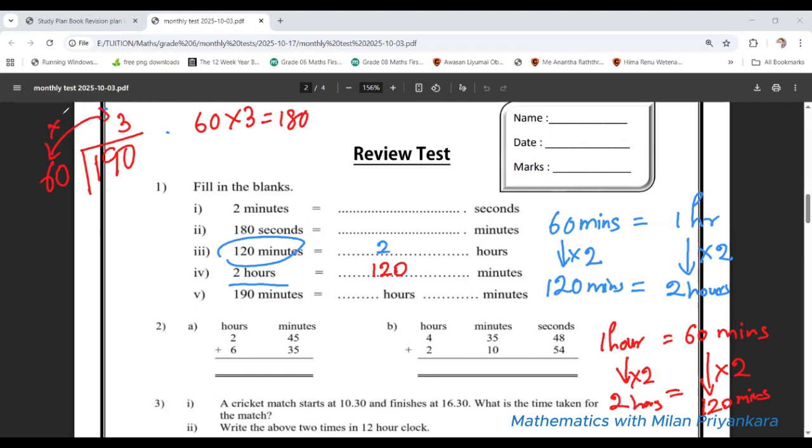I think this is just the simple long division, right? So it is going to be 180. 3 times 60 is 180. So you subtract this, you get 10. That means how many 60s are there in 190? There are 3 60s. Let's just see, 60s mean hours, right? Therefore, this is hours, right? Then it comes here like 3 hours. And what about this 10 remaining minutes? That means 10 minutes, right? So 190 minutes equals 3 hours and 10 minutes.